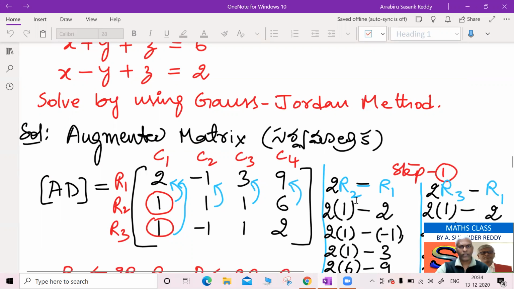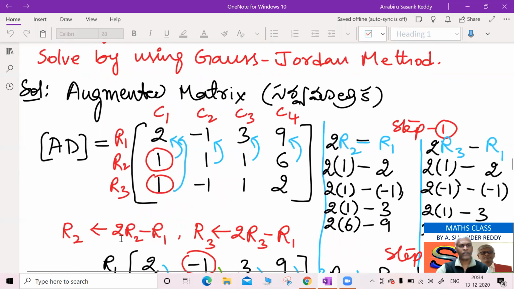So the transformation is 2R2 minus R1. This is the row transformation, and by this the first element of the second row becomes 0.